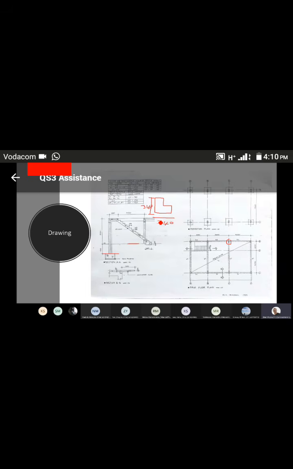So I have 340 and 340. What is the dimension from there to there? It is the same as this.